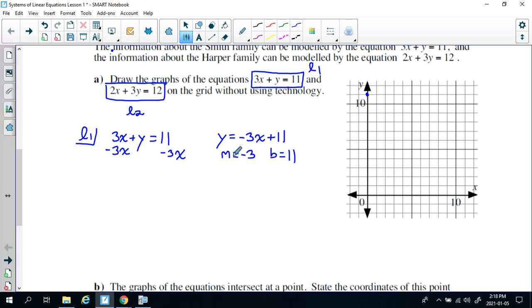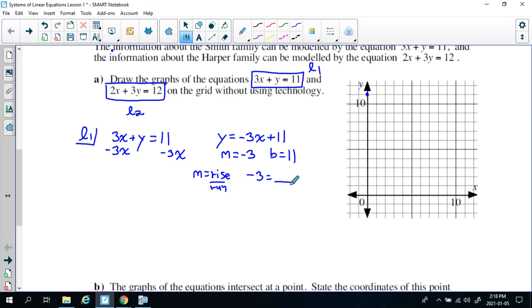Now, I'm going to draw a slope triangle starting from that point. The way this works again is we know that m is equal to rise over run. In this case, negative 3 is equal to rise over run.